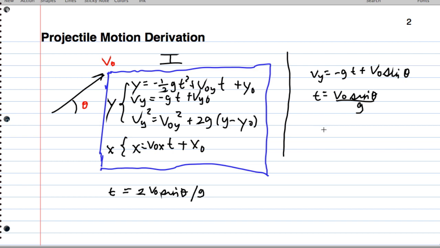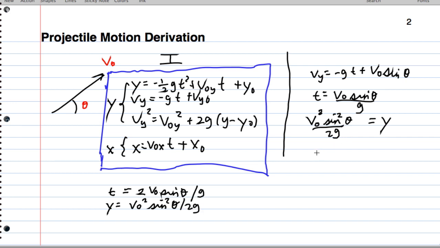Then to get the height, that's V naught squared sine squared theta divided by 2g. That equals y, the height that we get to. So that's V naught squared sine squared theta over 2g.